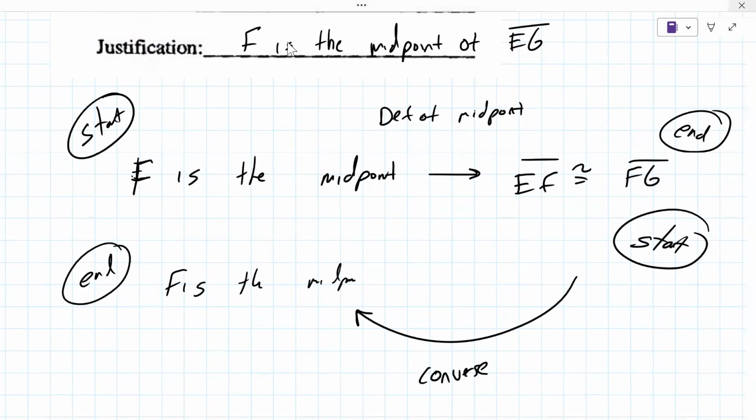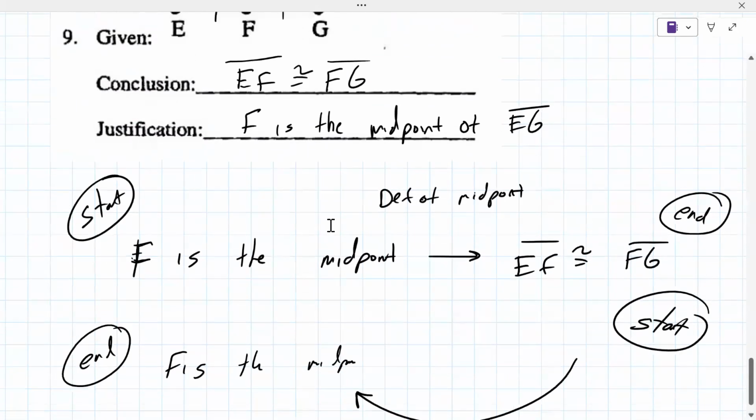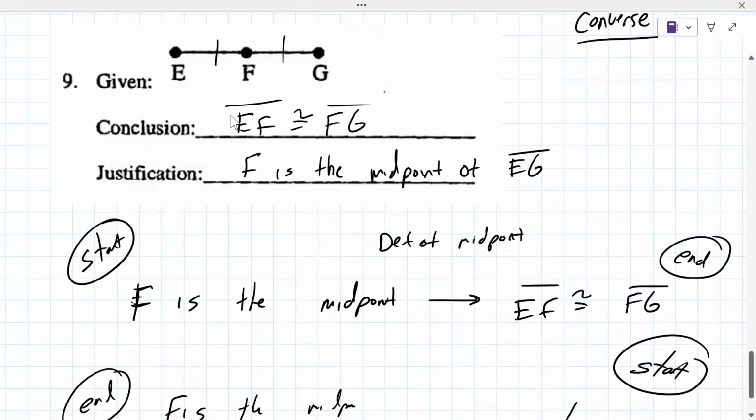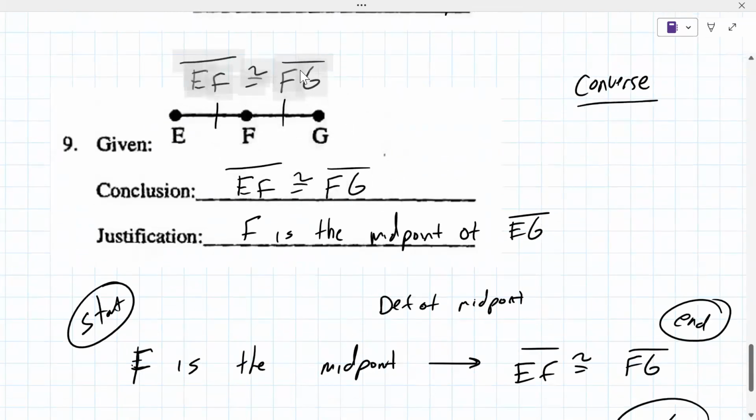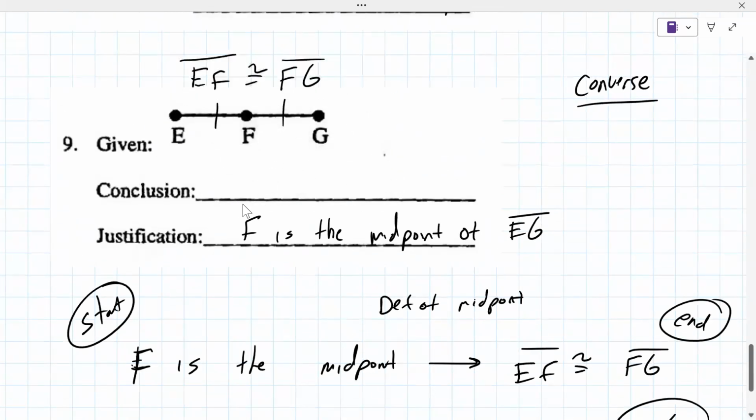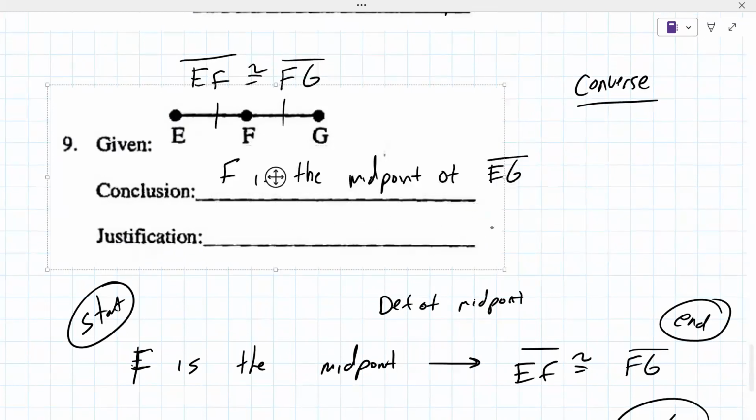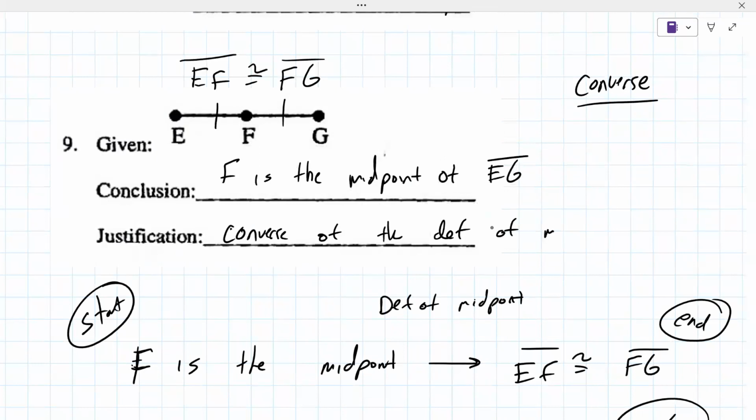So what should probably be happening here is that this is given, that they're congruent. The conclusion is that F is the midpoint, and the justification is the converse of the definition of the midpoint.